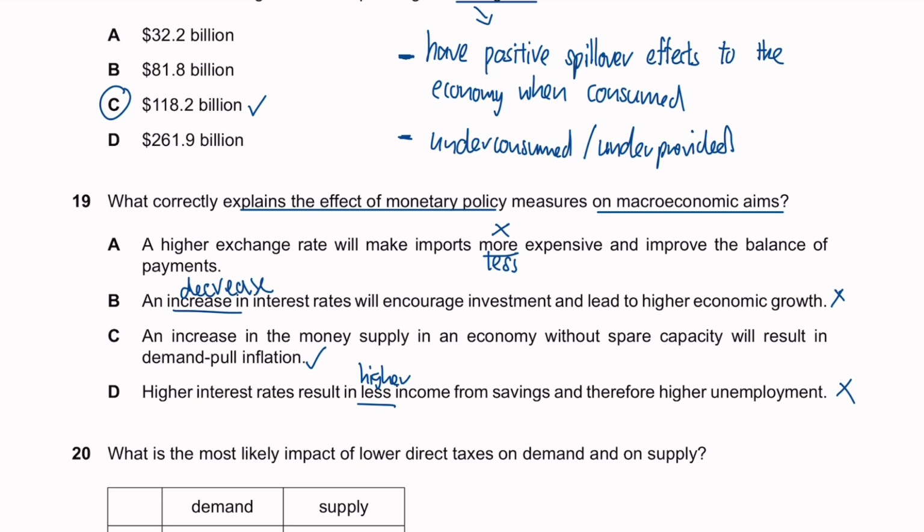However, in an economy where all the resources like labor, capital, etc. are fully utilized, it becomes difficult to increase the production to meet this higher demand. So, as a result, this created demand pull inflation. So this is the overall concept. Alright, so C is the answer.